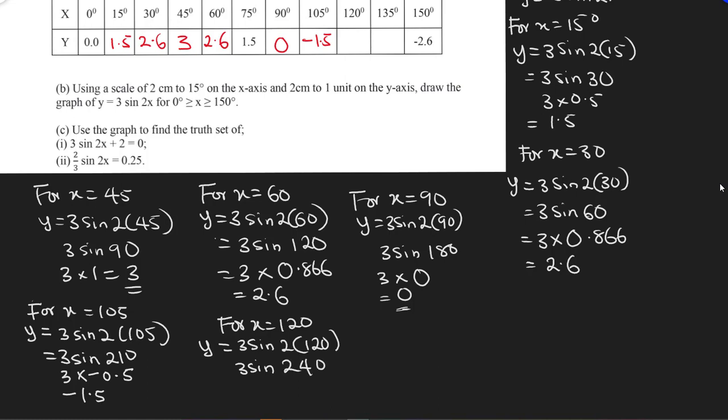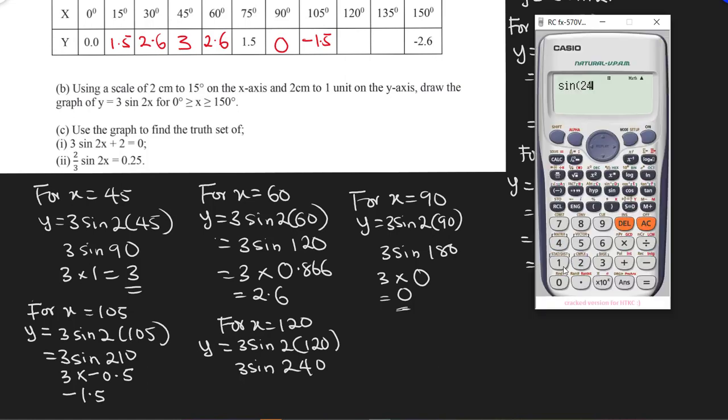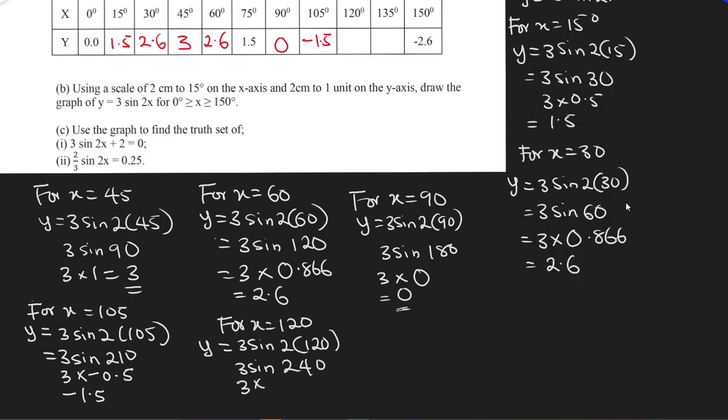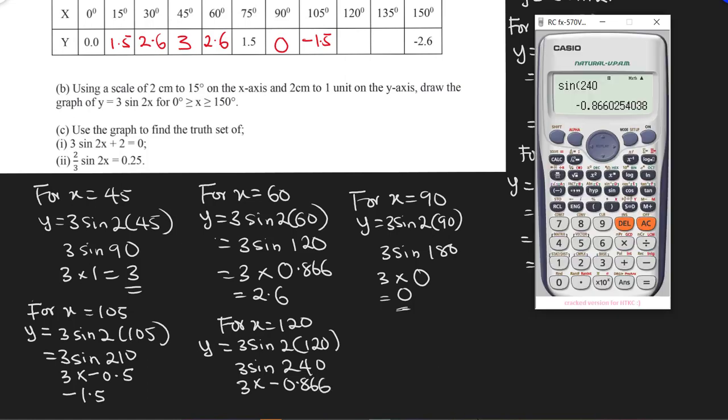Sine 240 is minus 0.866. So we have 3 times minus 0.866. Multiply by 3 is minus 2.6.